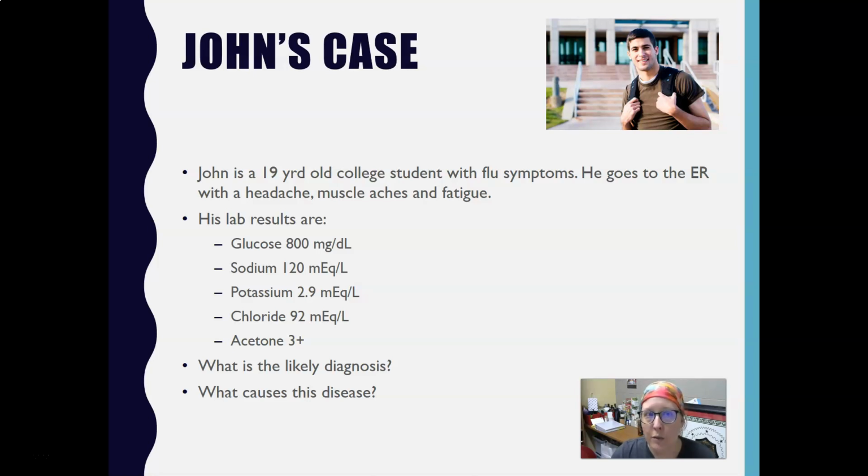So we would go with type 1 diabetes here in John's case. And what causes this disease? It's an autoimmune reaction. They think that it's linked to a viral infection, and then the immune system gets mistaken and thinks the pancreatic islet cells are a virus and attacks and destroys them.